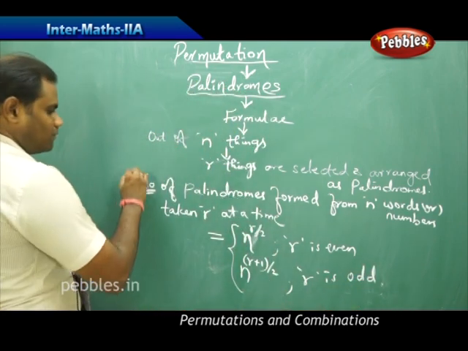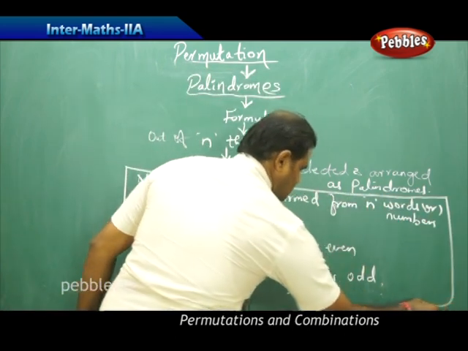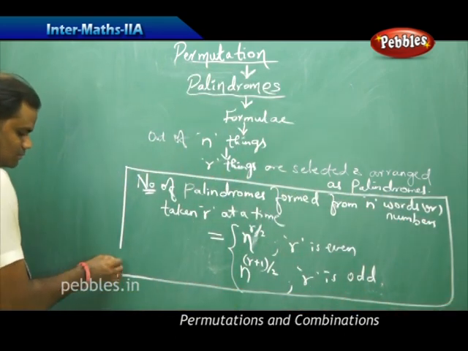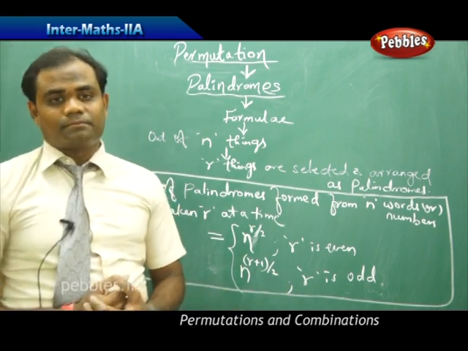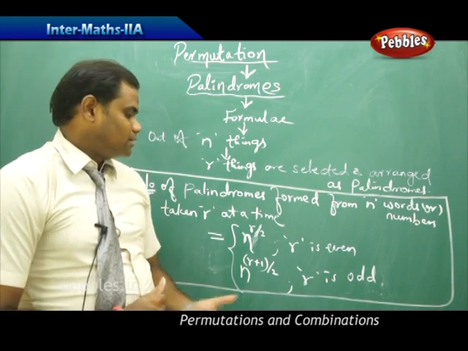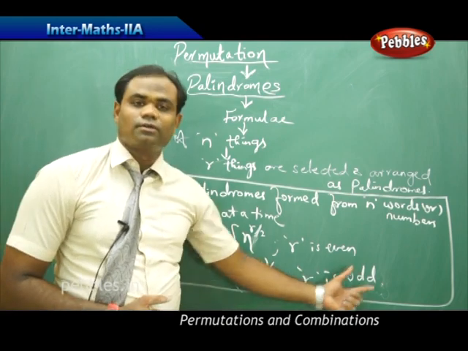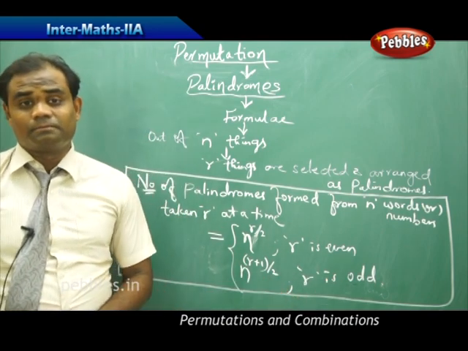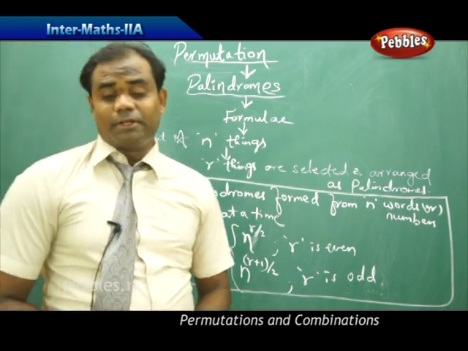So this is the formula we use in finding the number. Where r is even, we use this formula. If r is odd, we use this formula. This is how we understand palindromes connected with permutations.